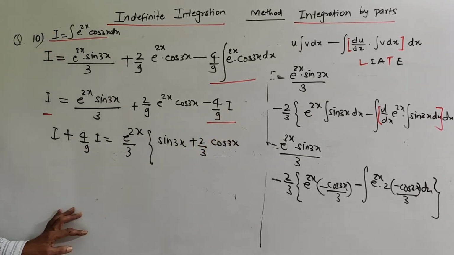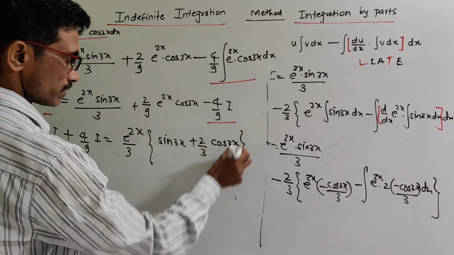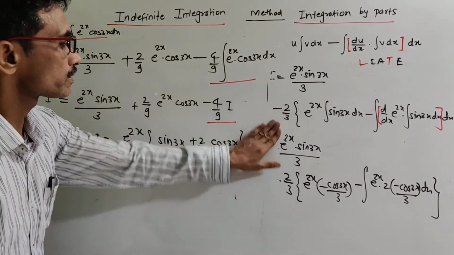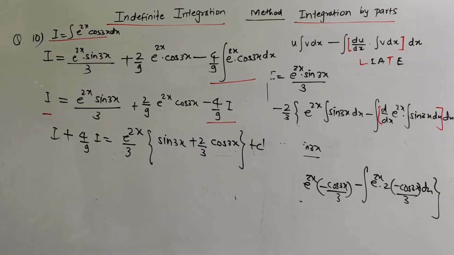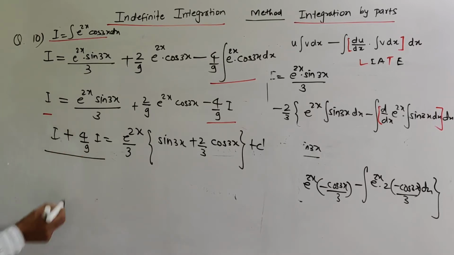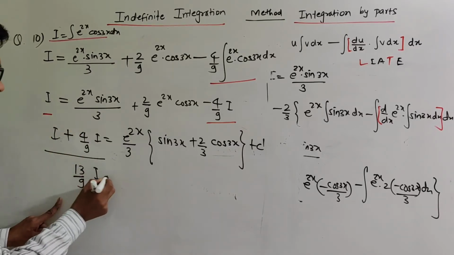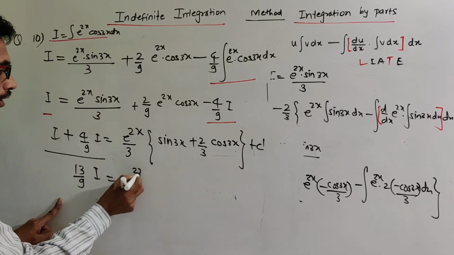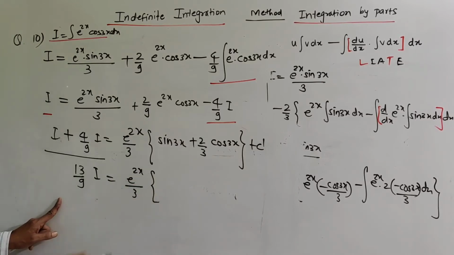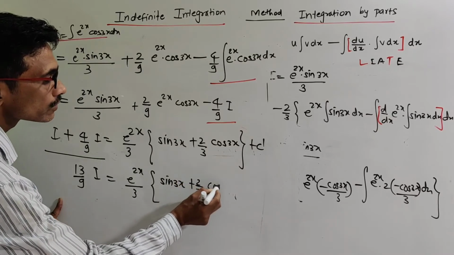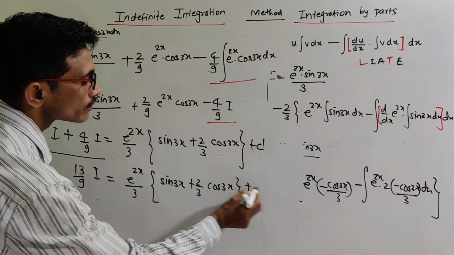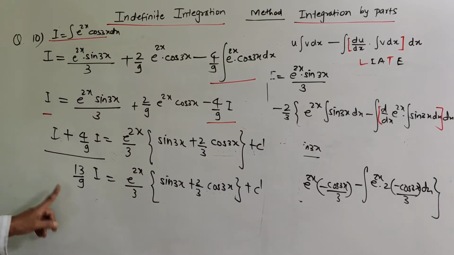This 4 by 9 I we took in the left hand side, plus constant of integration c dash. Therefore after simplifying, it is 13 by 9 I equal to e raised to power 2x upon 3 into sin of 3x plus 2 by 3 cos of 3x plus c dash.